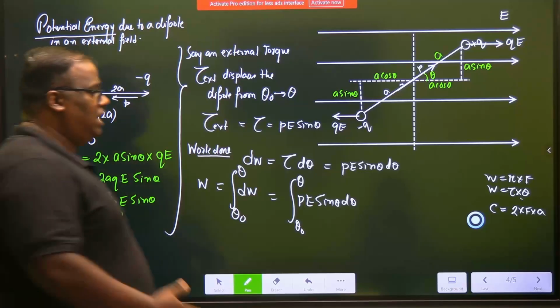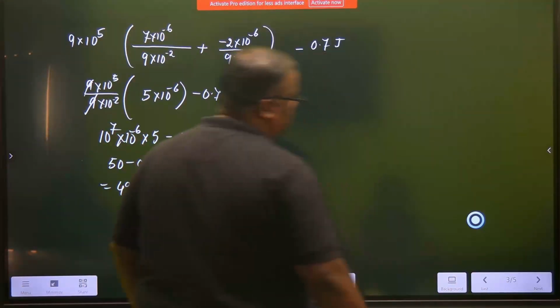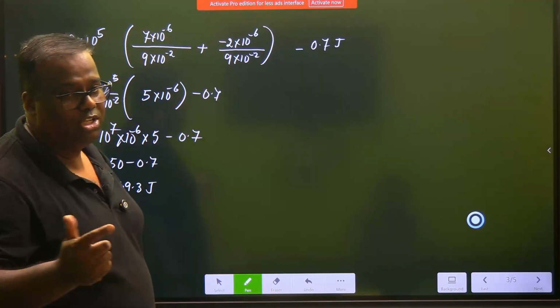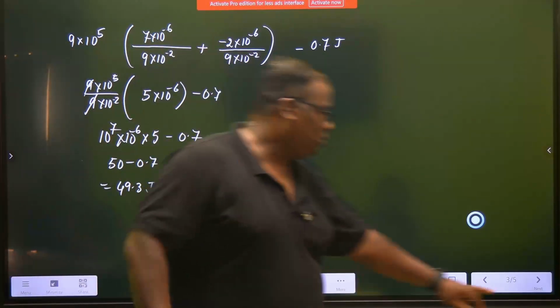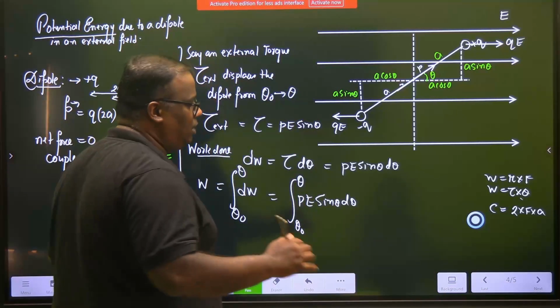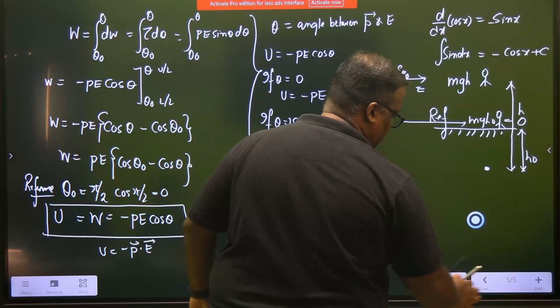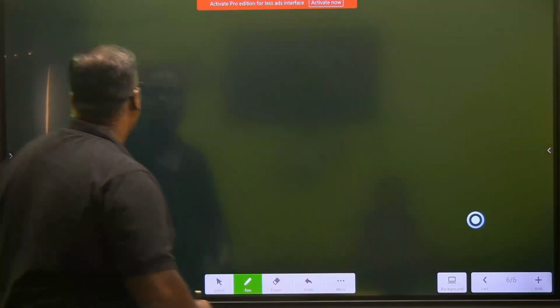Now, this derivation in NCERT is also derived using potential due to two charges. You might get a little bit confused when you look at the book, but to make things simple, we are doing this.